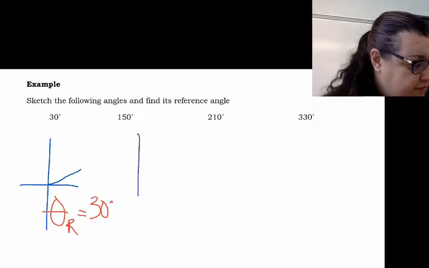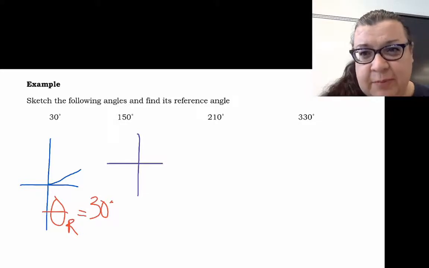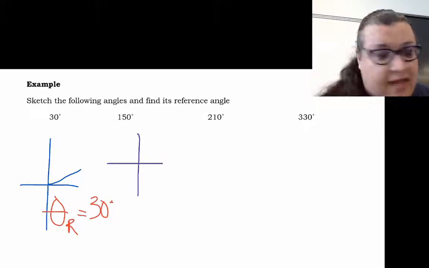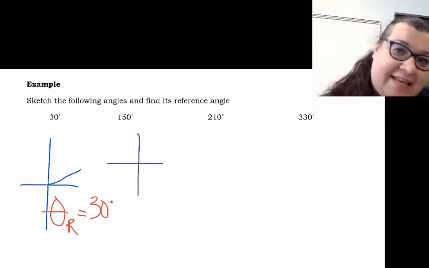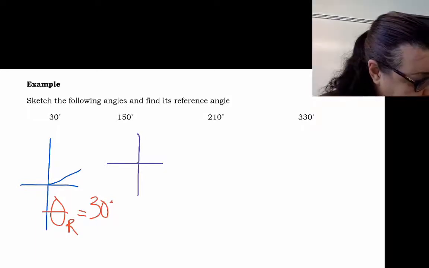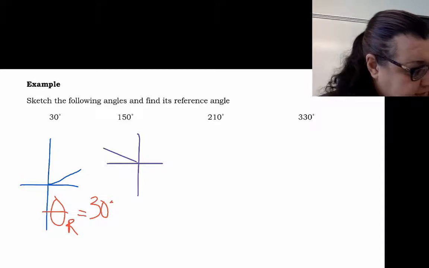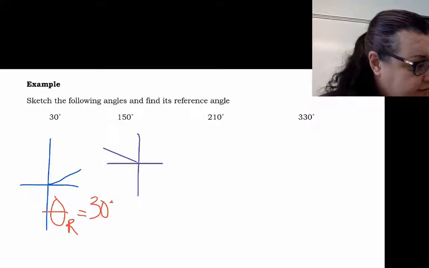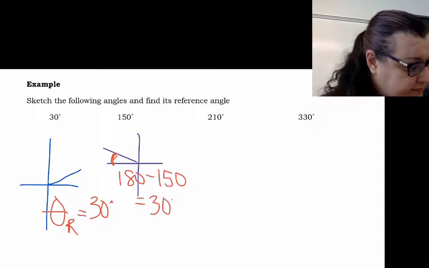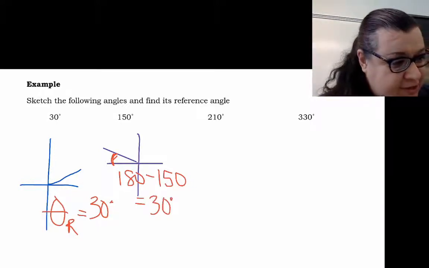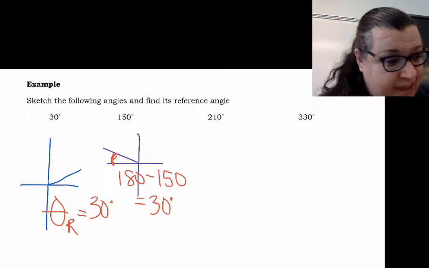If we're doing 150, where would 150 be just as the principal angle? More than 90, but less than 180. So 150 might be something like this, right? Now your reference angle is here, so that's 180 minus 150, which is 30 degrees, right? These should all be familiar because we've already seen them before.